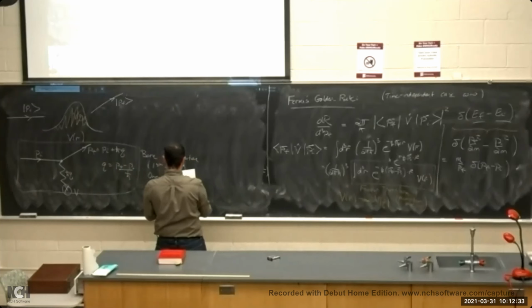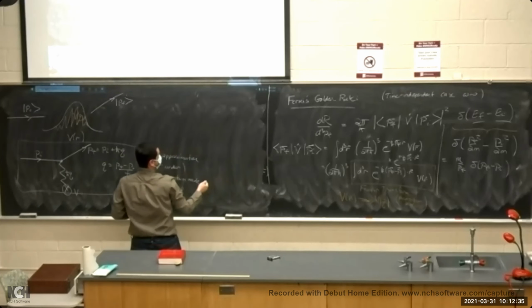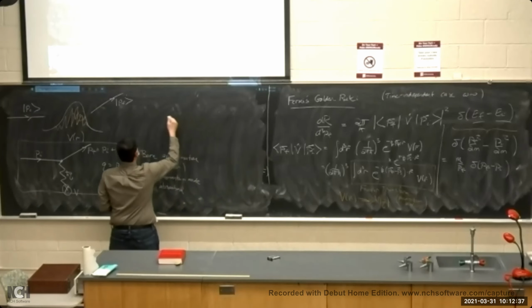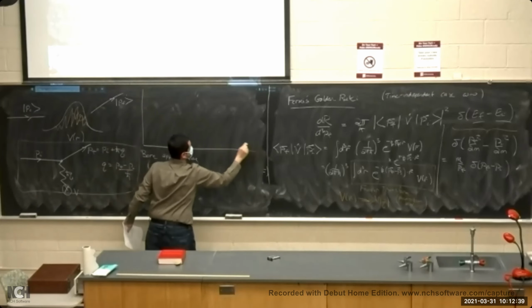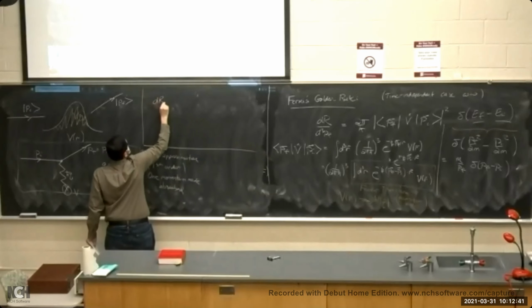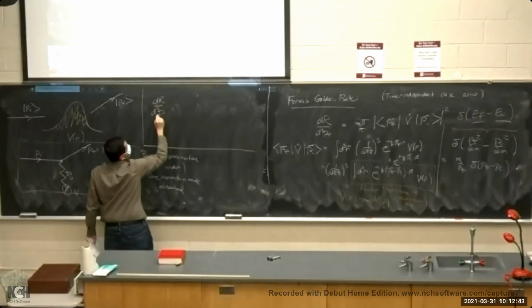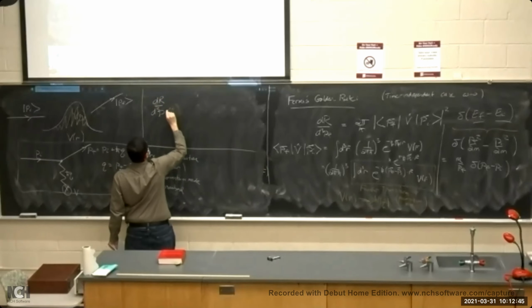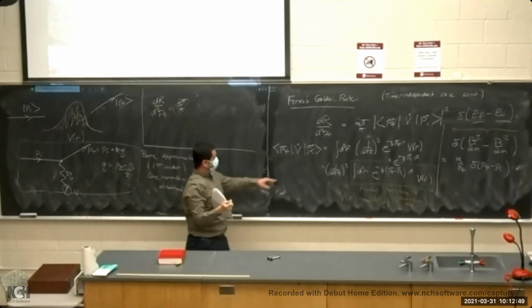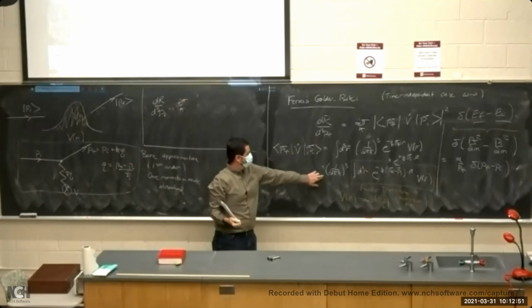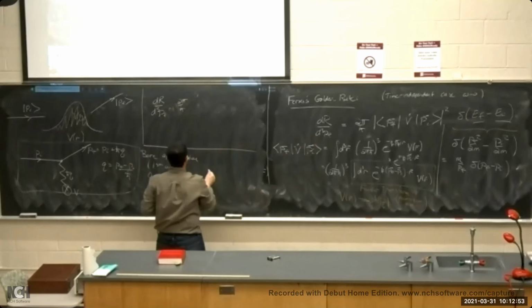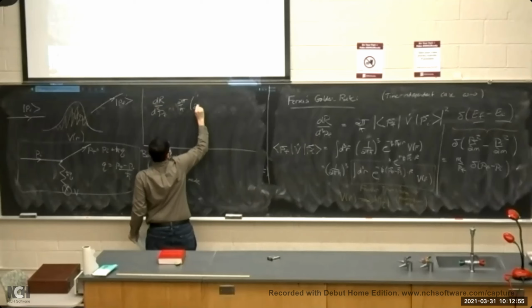Okay. So when I plug all of this in, I get my rate per unit momentum density is 2 pi over h bar. I have to take this expression and square it. So I have a whole bunch of factors of 2 pi h bar here. So I have 1 over 2 pi h bar cubed.